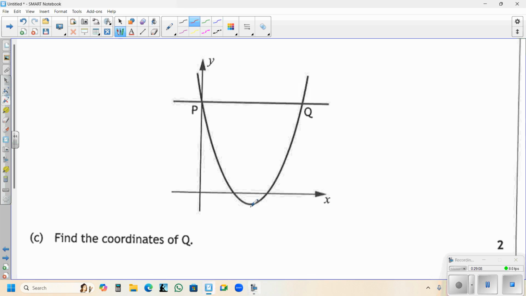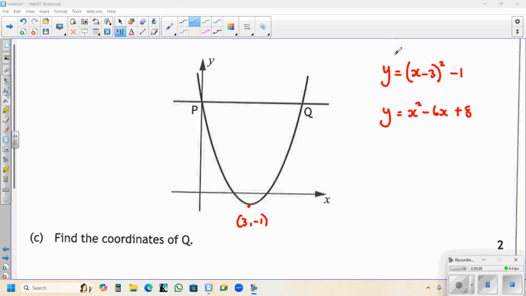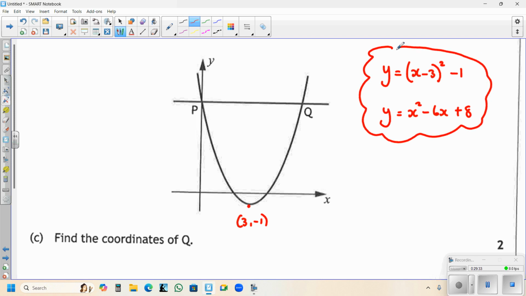We've just worked out that that turning point there was the point 3, negative 1. And we know that the equation was y is equal to x minus 3 all squared minus 1. We also had another version of that. Okay, so we have two versions of the equation. That's a completed square one, and that was the one that they gave me.